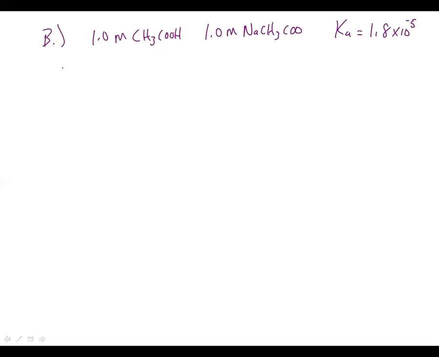And we're going to add 0.1 molar HCl. So in this problem, whenever you have a buffer and you're going to add something to it, either an acid or base, it is going to require an ice table. So you are going to have to do an ice table to see what the effect on the buffer is going to be.